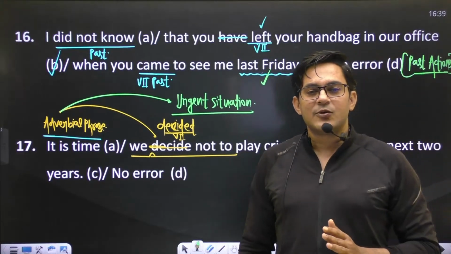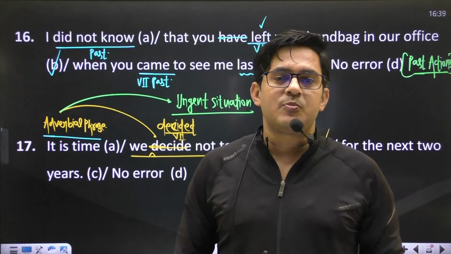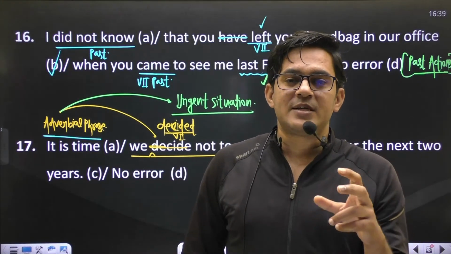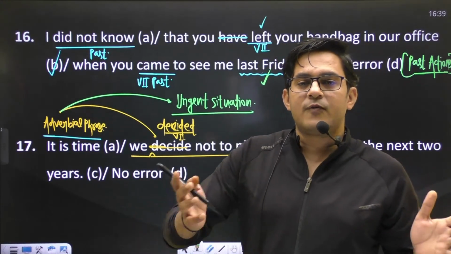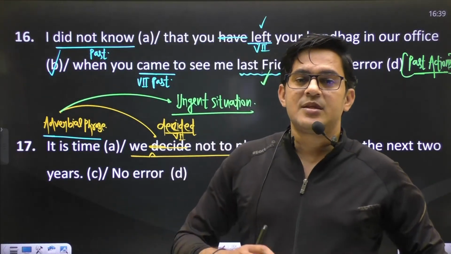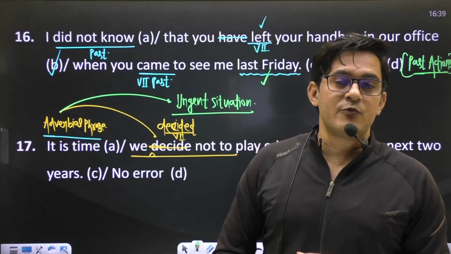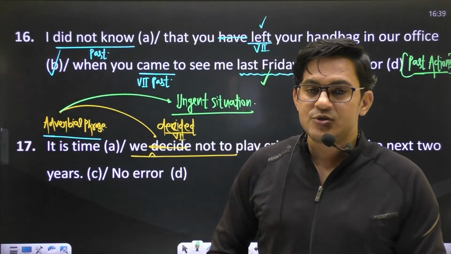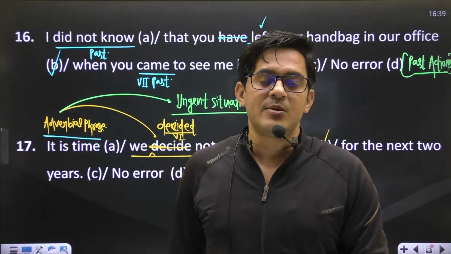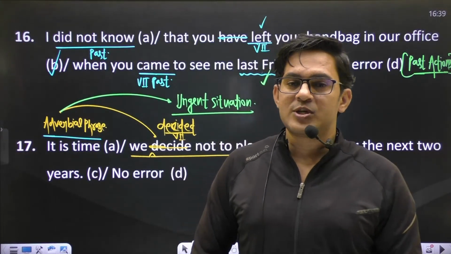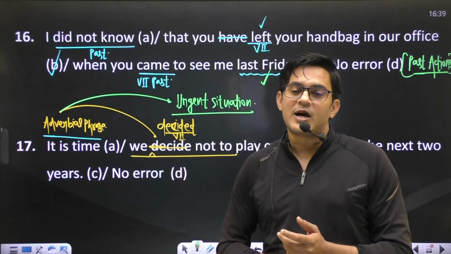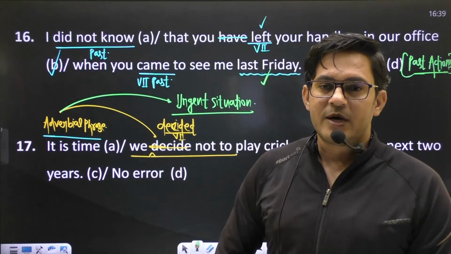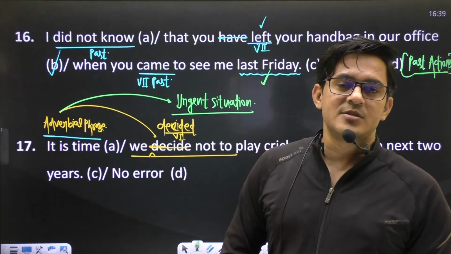For example, if I try to explain how I spent my last Sunday, all the sentences will be like: I got up at 8 a.m., I got refreshed, I took a bath, and after that I took breakfast, then I went for coaching classes, I came back at 1 p.m., I took lunch, then I took rest for some time, and in the evening I played for some time, and I studied for 4 hours. At night I took my dinner at 10 p.m. and I went to bed, right? So you will design all the sentences in simple past.